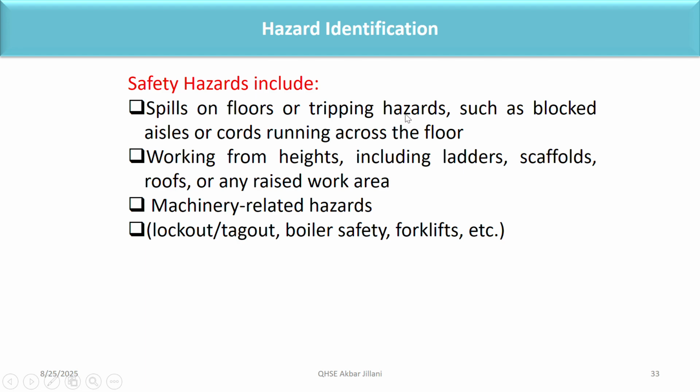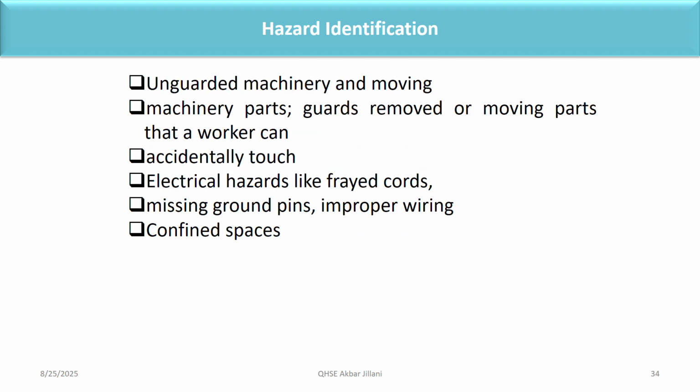Safety hazards include slips on the floor or tripping hazards such as blocked aisles or cords running across the floor; working from heights including ladders, scaffolds, roofs, or any raised work area; machinery-related hazards, lockout, tagout, boiler safety, forklift, etc. These are the machineries.